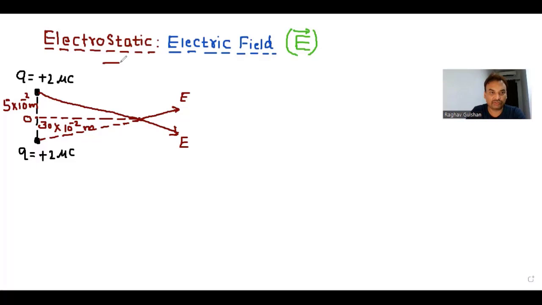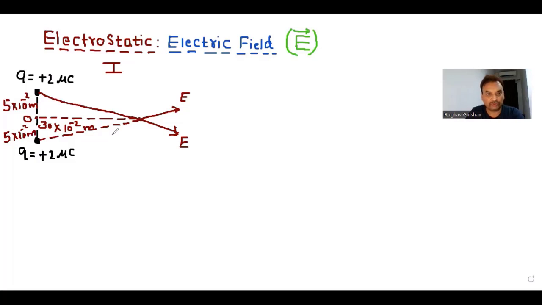So this is my first case, when both the charges are positive charges, right? And this is the center, this is the point O. From point O, this charge is at a distance of 5 into 10 to the power minus 2 meter. Likewise, from the center O, this charge is at the same distance, again 5 into 10 to the power minus 2 meter.